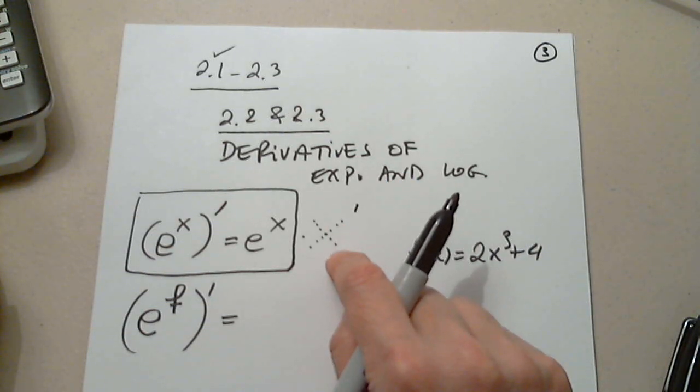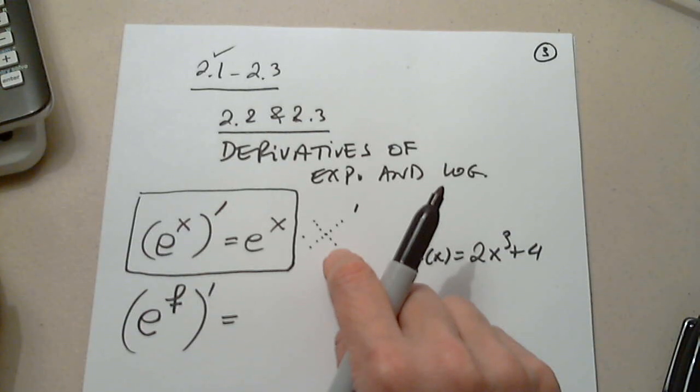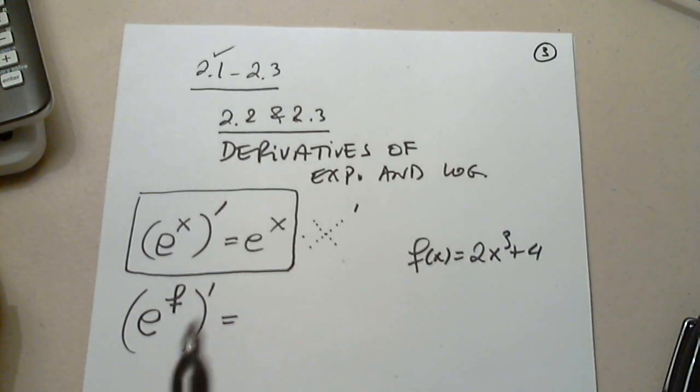Why don't I write times the inner function prime? Because it's 1. It's redundant. Good. So mimic this and tell me what to write. What do you think? And then we'll apply it in applications.